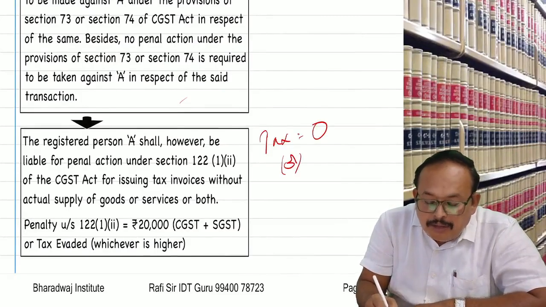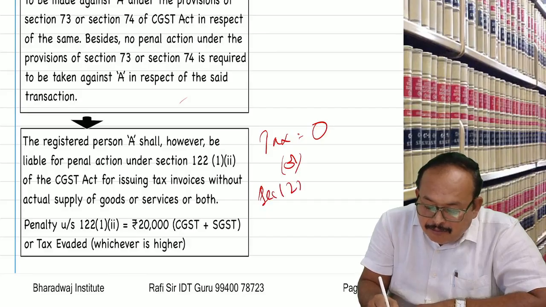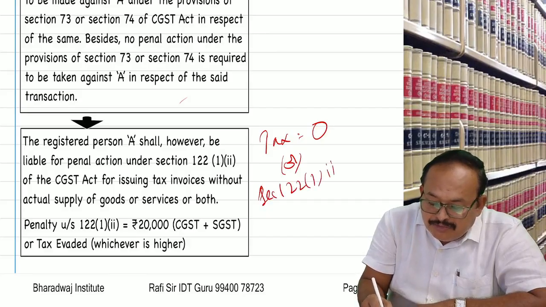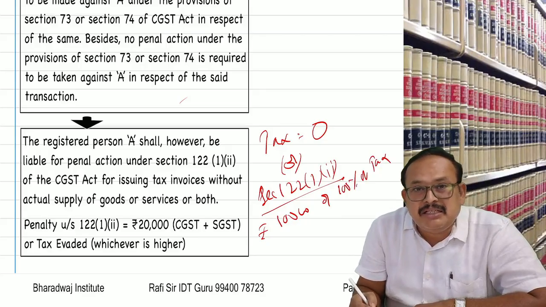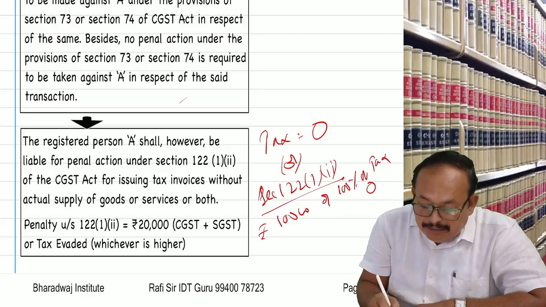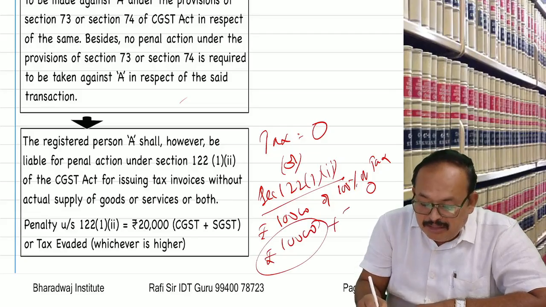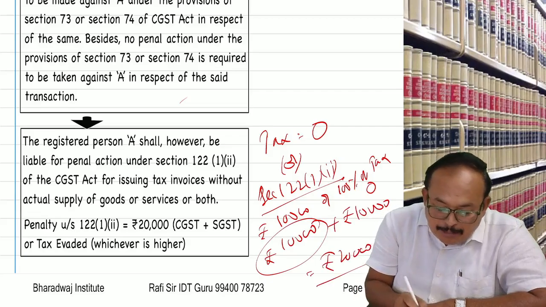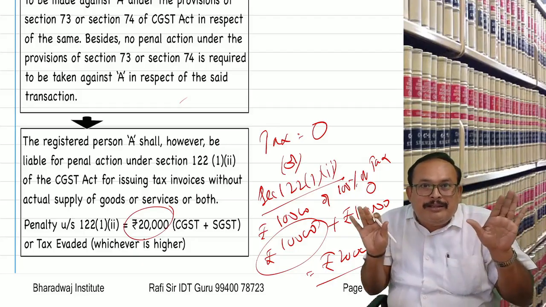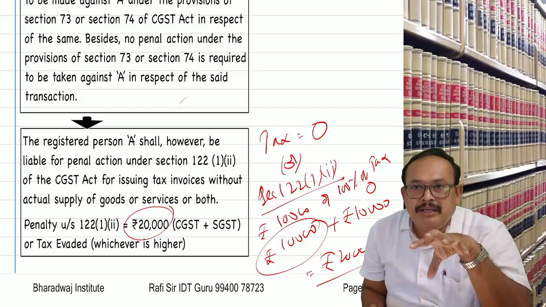But penalty under section 122 subsection 1 clause 2 is given, where rupees 10,000 or 100% of tax, whichever is higher. Tax is 0, but this rupees 10,000 is higher, as per CGST plus as per SGST. Totally that much is liable to pay. Only the parent is liable to pay. Is it clear? Who made it? A.